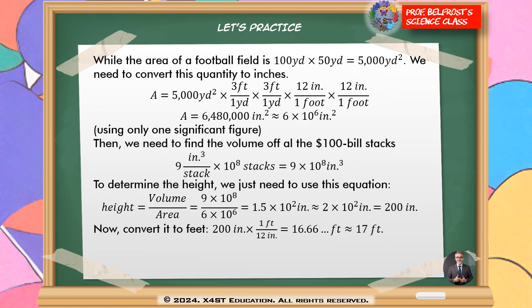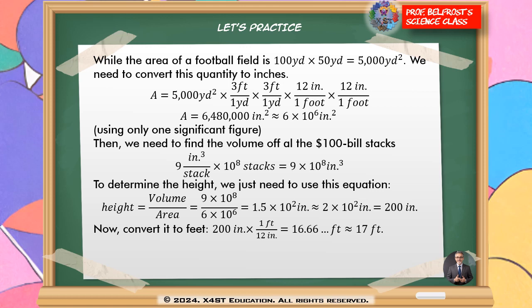We just need the chain link conversion rule, and we have the area approximately 6 times 10 to the 6 square inches. Then we need to find the volume of all the 100 bill stacks. So 9 cubic inches per stack times 10 to the 8 stacks, so we have 9 times 10 to the 8 cubic inches.